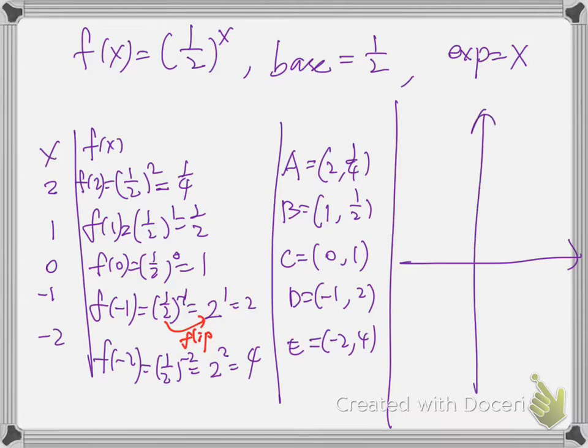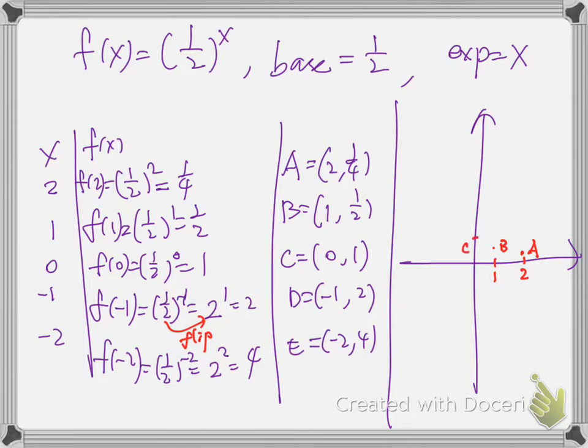Here is A. A is 2, 1 over 4, so go up a little bit. And then 1, 1/2. So here is B. And then C, 0, 1, so still 1 here.